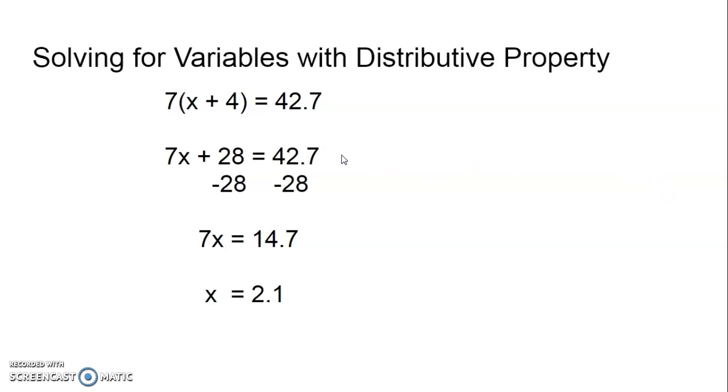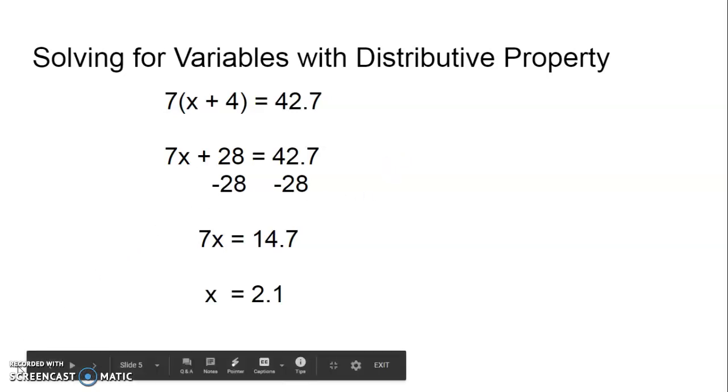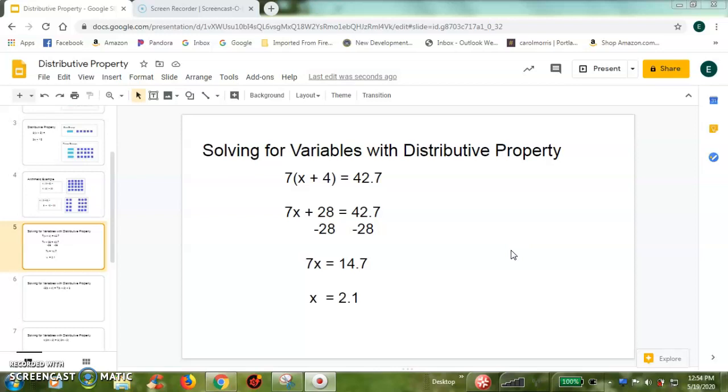Okay, so in this case, we did some work where we solve for variables using the distributive property. All right, so let's talk about this just a little bit. So you can see what I did here was, first thing I did was distribute the 7 to both the x and the 4. So that ends up being 7x plus 28 equals 42.7.